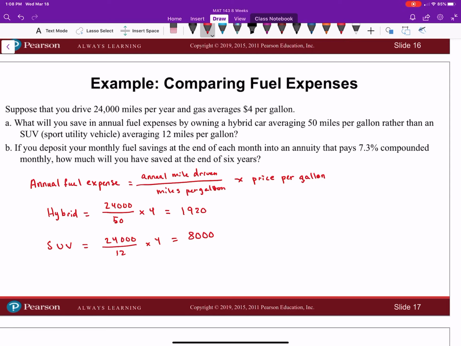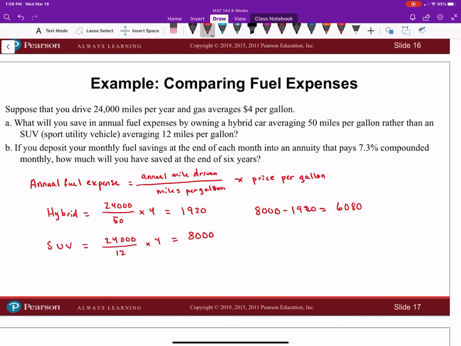So you see it's a big difference. And when we subtract these two, it'll be 8,000 minus 1,920, which equals around about $6,080. So basically, that's how much you would save in a year.